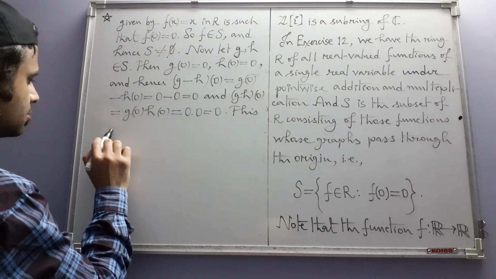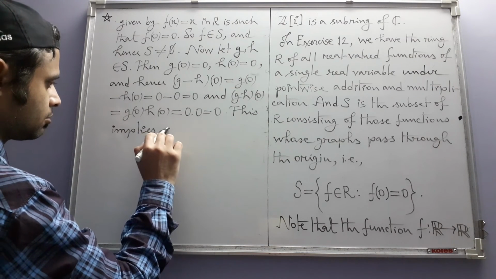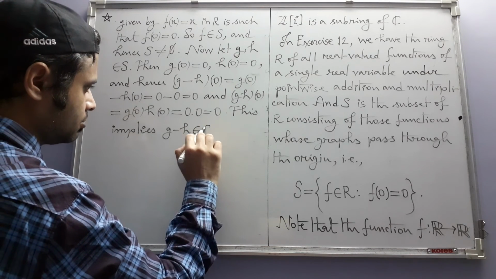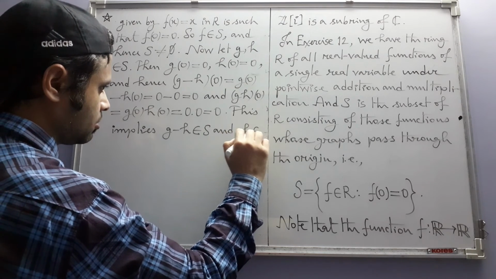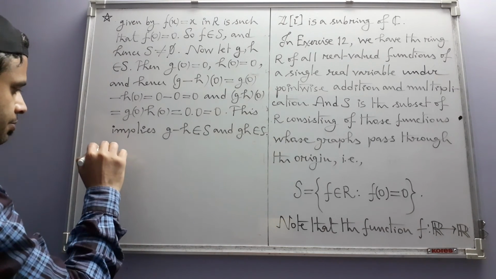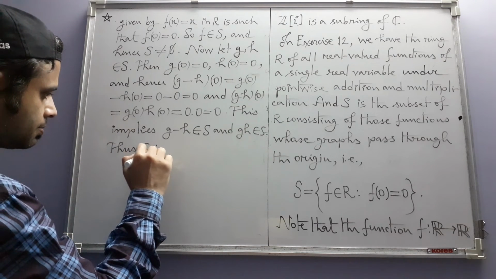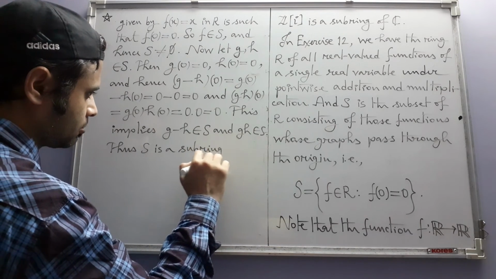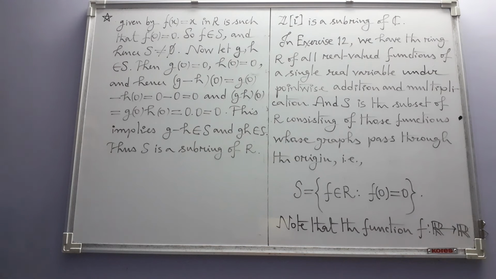This implies g minus h belongs to S and gh also belongs to S. Thus S is a subring of R.